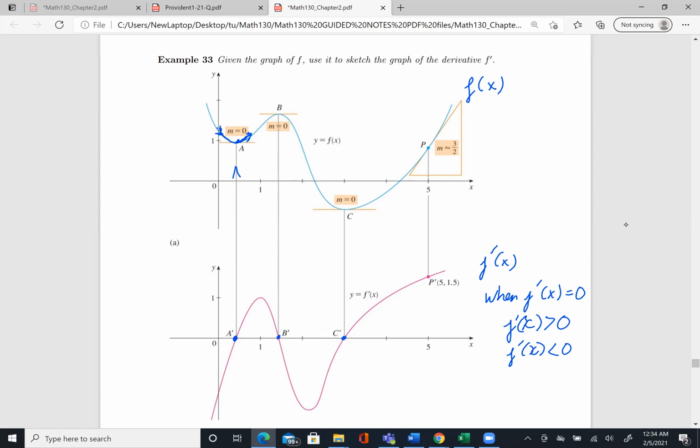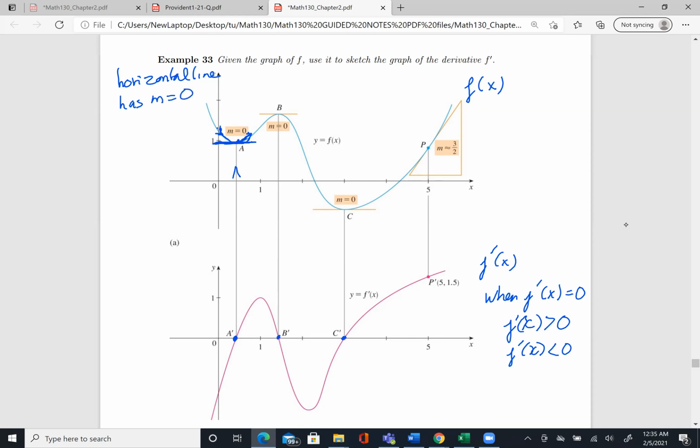So that means at point A here, what is the tangent line at this point? It was a horizontal line, right? And the slope for this horizontal line has to be equal to 0. You should have learned in algebra that a horizontal line has slope equal to 0, right?